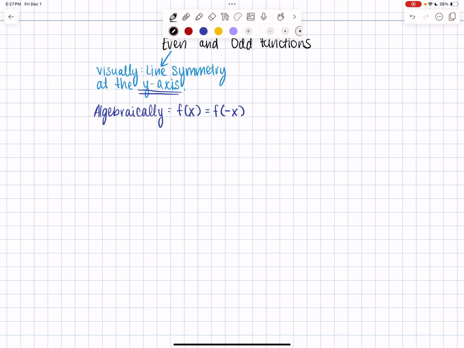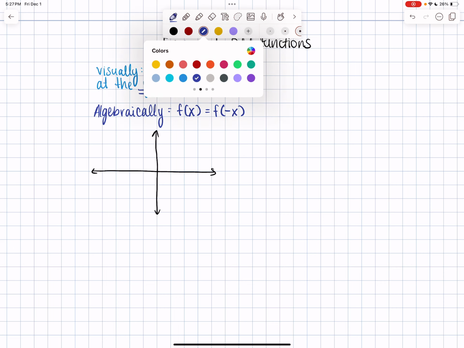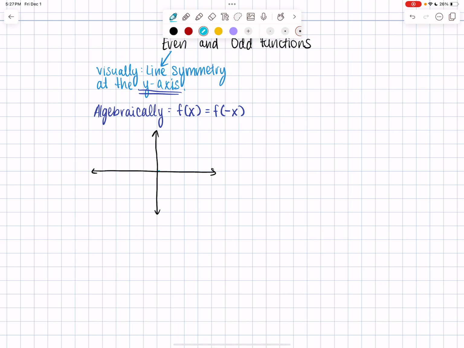So let's look at an example. Let's say we had a parabola on a graph. So let's draw that. Or let's draw an absolute value graph, something like this.